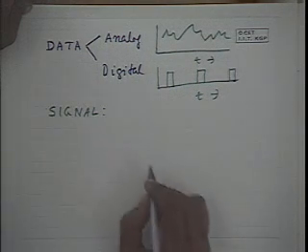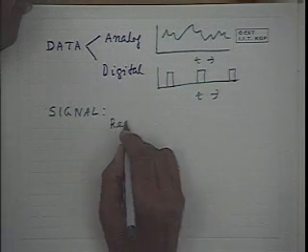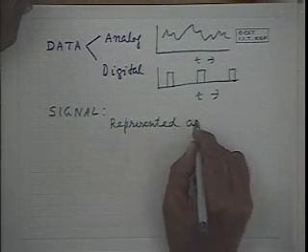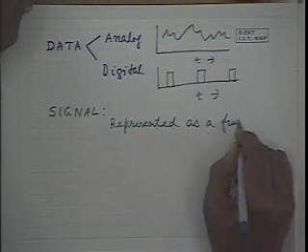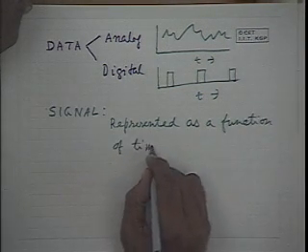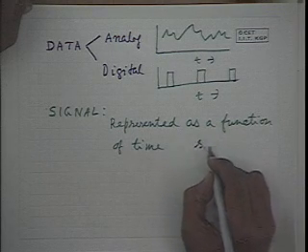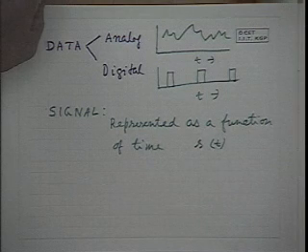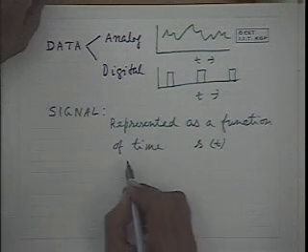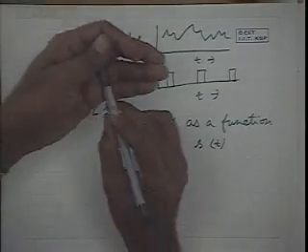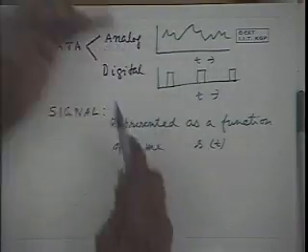Signal can be represented as a function of time. Or in other words, S(t) represents a signal. And whenever it is represented as a function of time, it is called time domain representation.